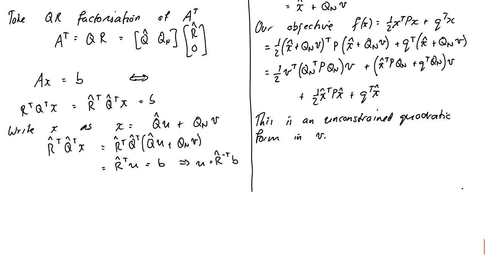Okay, so let's just have a look at our quadratic form again. We've got v transpose times a matrix times v. We know if this matrix here is positive definite, okay, it's not P is positive definite, it's this matrix inside our second quadratic form. If that one is positive definite, then we have a unique minimizer.